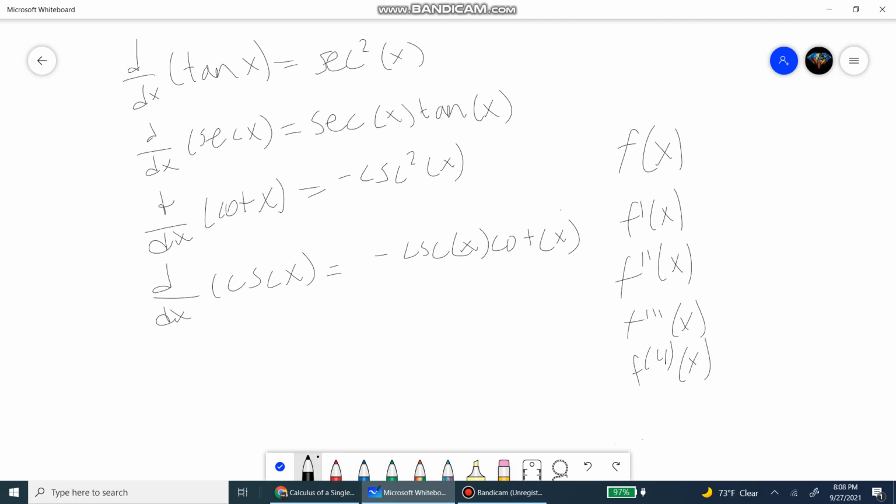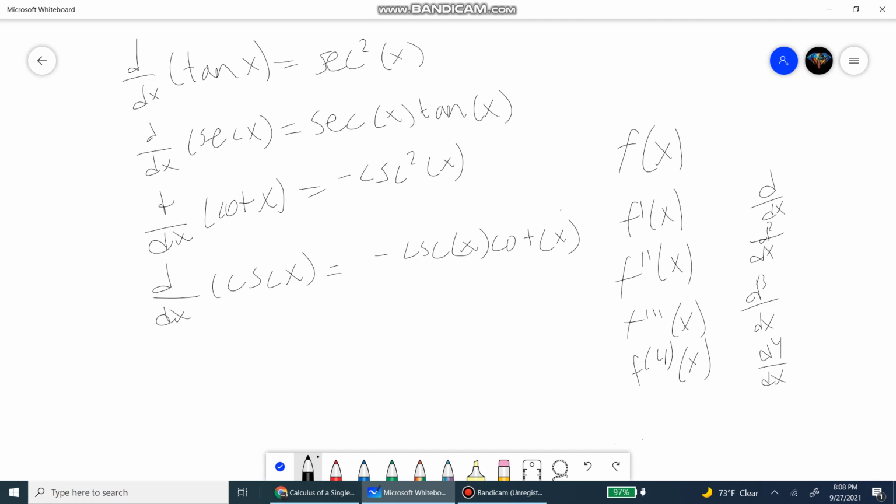And another way to do it is you see my d over dx. So you have d over dx, d2 over dx, d3 over dx, and d4 over dx.